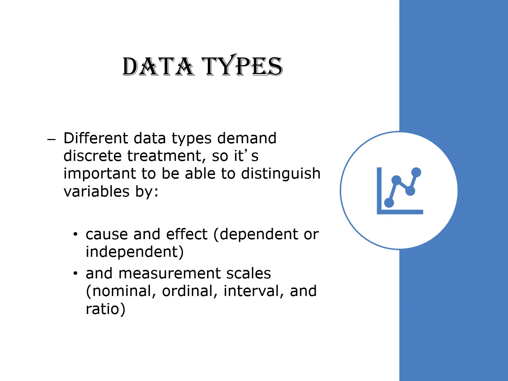So the next slide here, I'm going to just provide an overview on the data types, and I mentioned a little bit about primary and secondary data sources. Now data types refer to contexts where different data types demand discrete treatment, so it's important to be able to distinguish different variables.